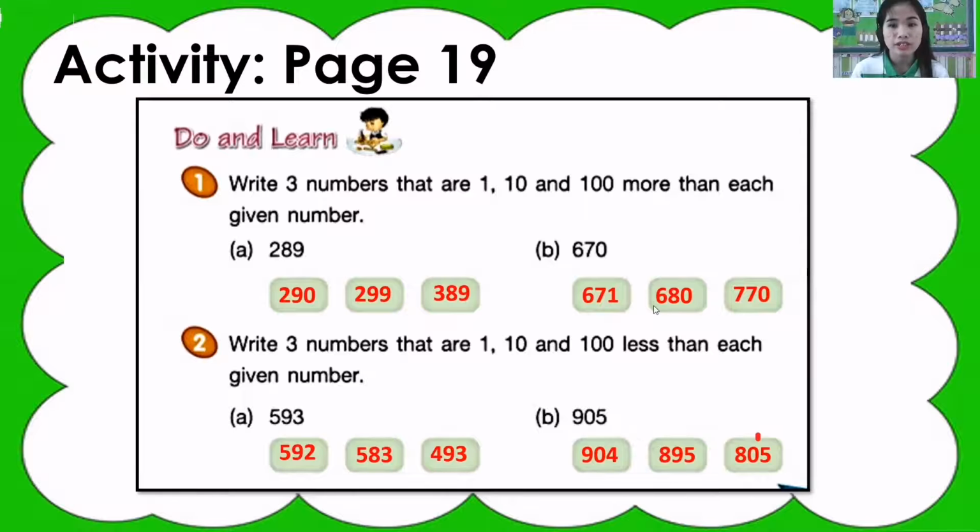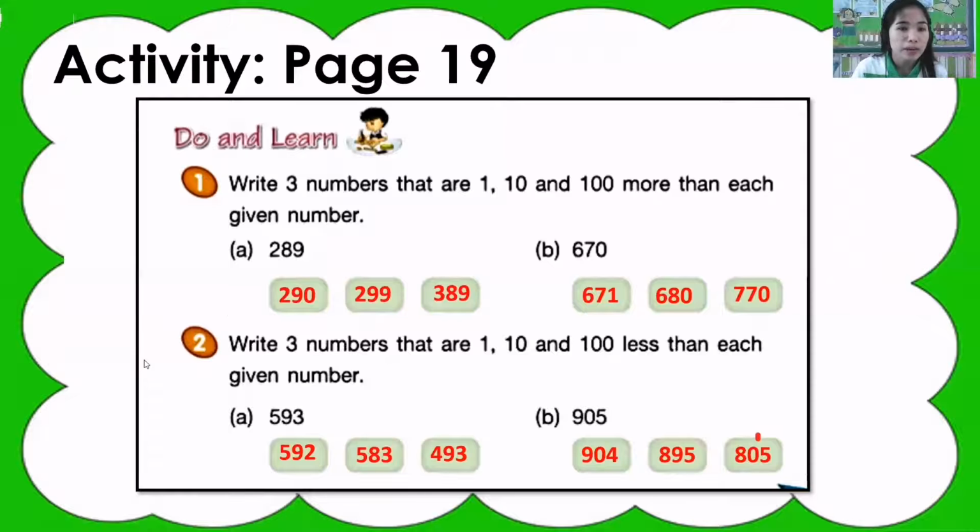You will write on the second box. And if you will add 670 plus 100, that is 770. While you are copying, I am going to explain why I get these numbers.